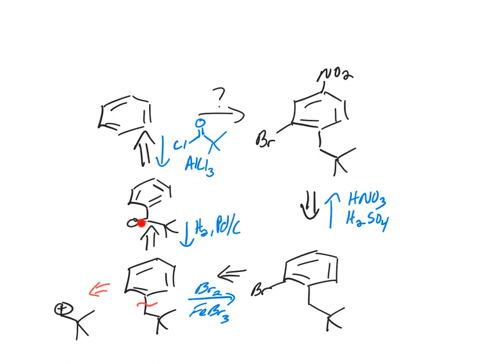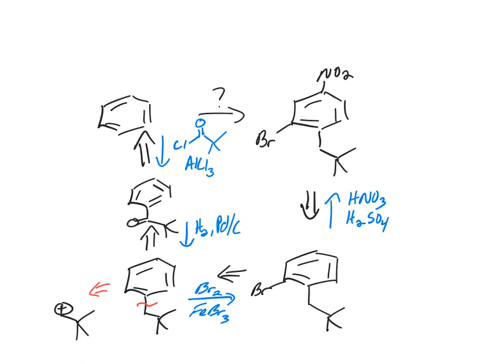I have to first make the ketone and then reduce that. Because if I try to add bromine with the ketone, it would go meta. So I have to reduce this first, make it from an electron withdrawing group to an electron donating group, and then do the reactions.